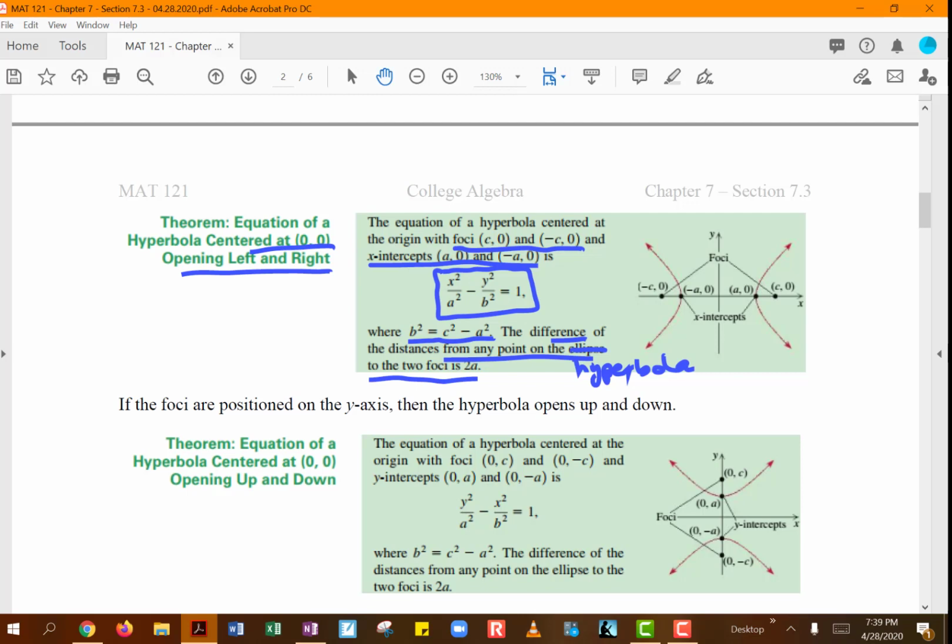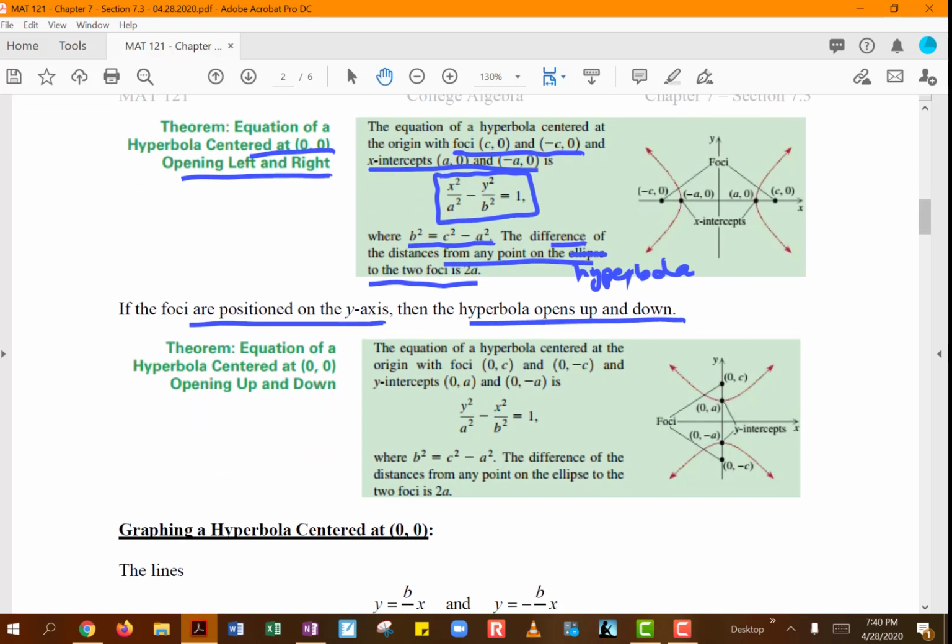Now, if your foci are going to be on the y-axis, then that means your hyperbola is opening up and down. So this is the equation for a hyperbola centered again at (0, 0) and opening up and down. Since our foci are going to be on the y-axis, your ordered pairs for the foci will be (0, c) and (0, -c). And this time, instead of x-intercepts, of course, we will have y-intercepts.